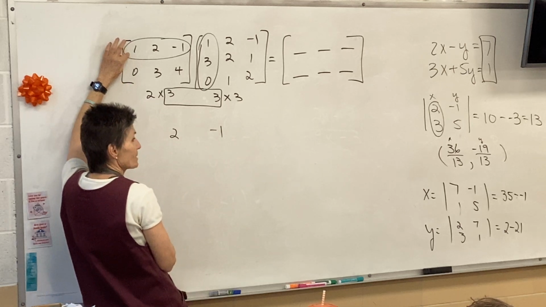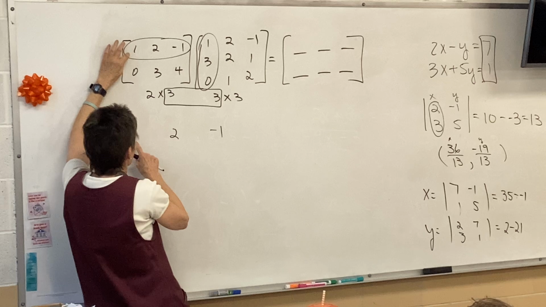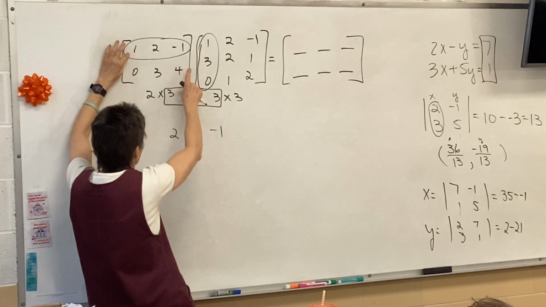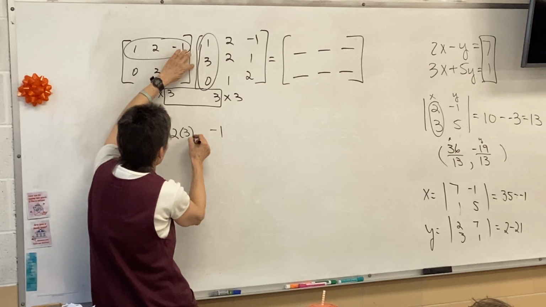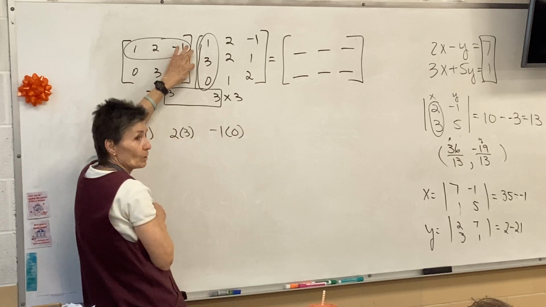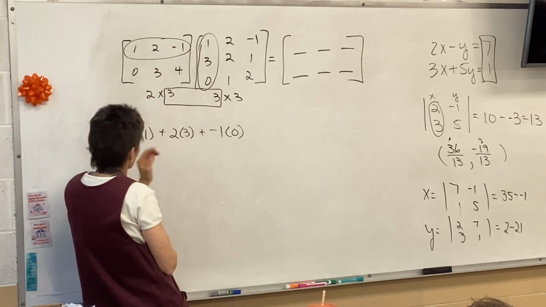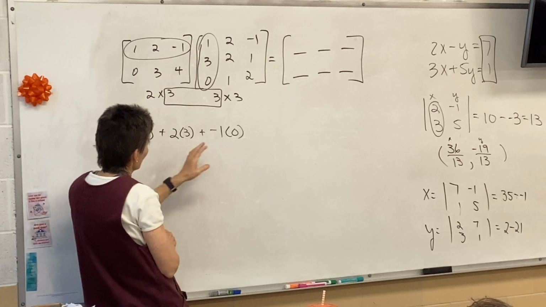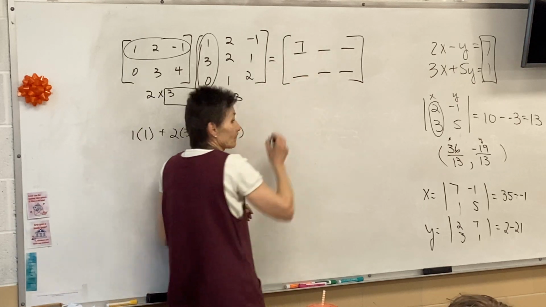Some of you try to do this in your head, and you can, but sometimes it's helpful to write it down. 1, 2, -1, that's row 1. Now match it up with column 1. See how that works? And then do the math. So it looks like, remember, times 0 is 0. So it looks like that's a 7.